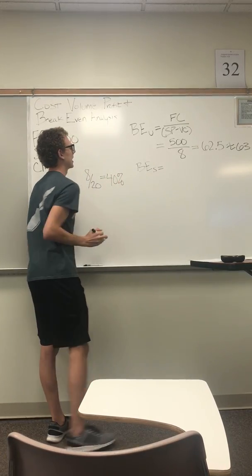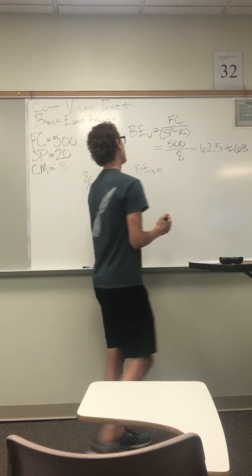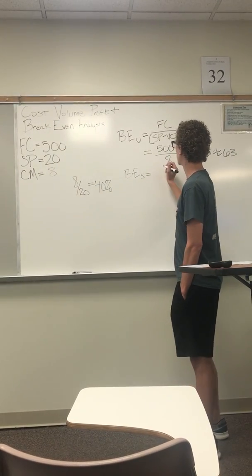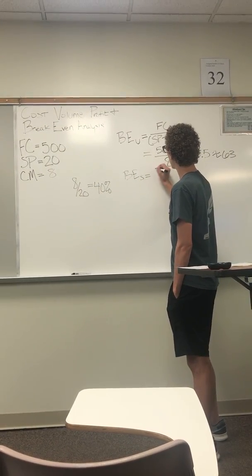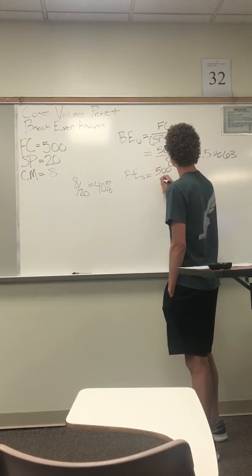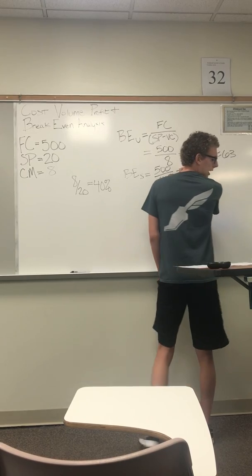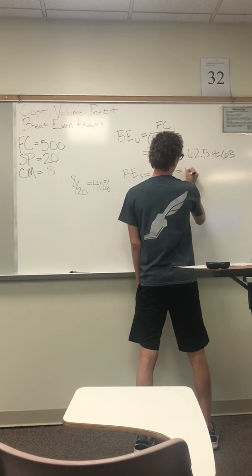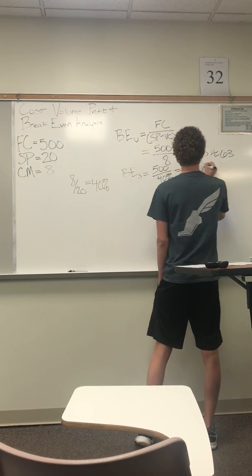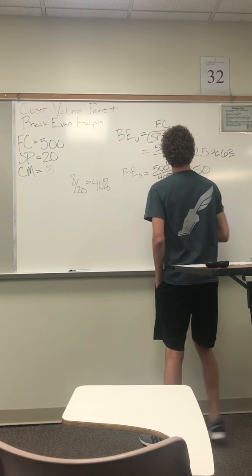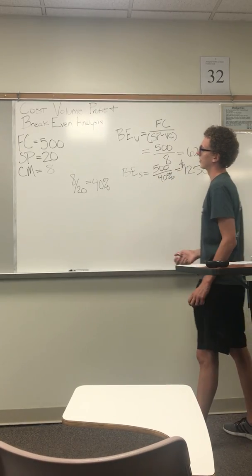In this case, it'll be 40%. So we go back to break-even sales, and we do our fixed costs of 500 divided by 40%, and we get $1,250. That's how much sales we have to do in order to break even.